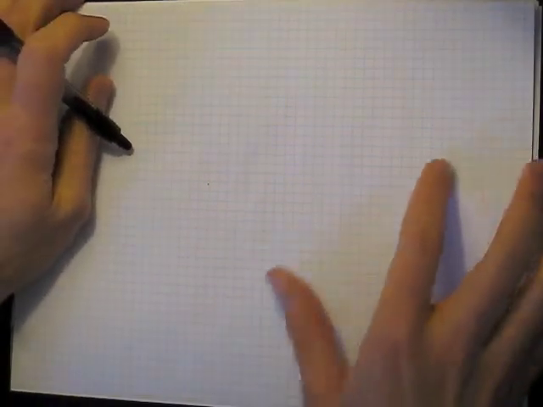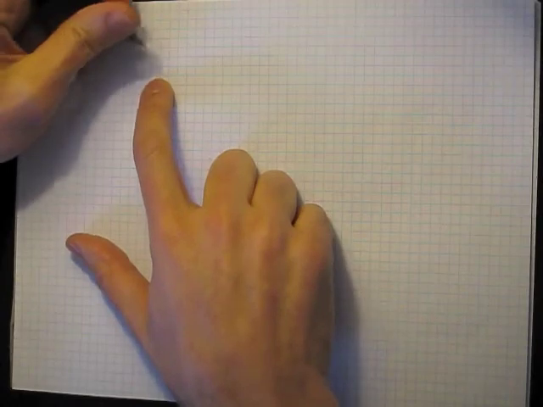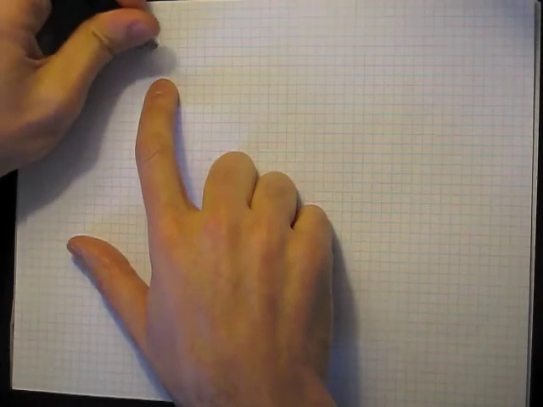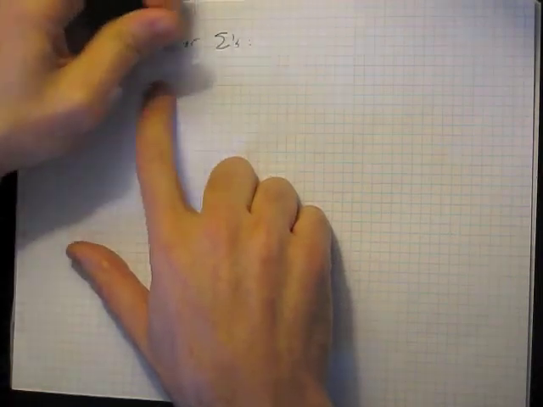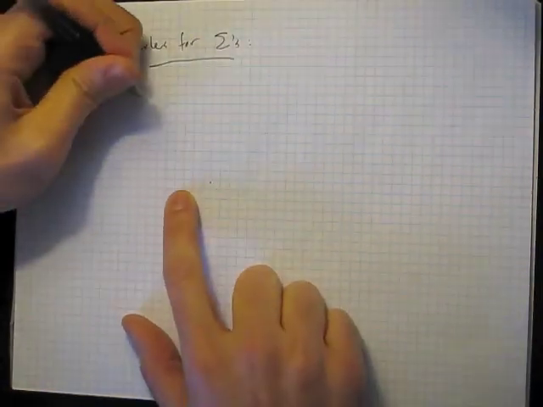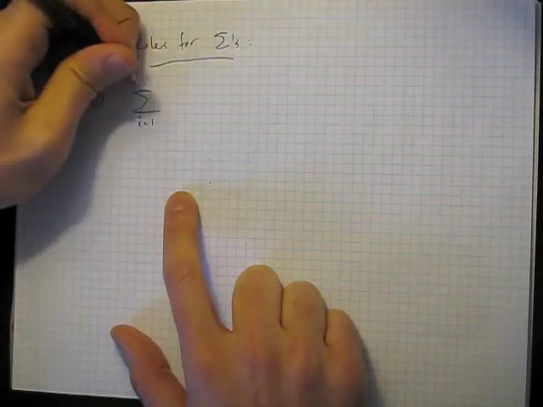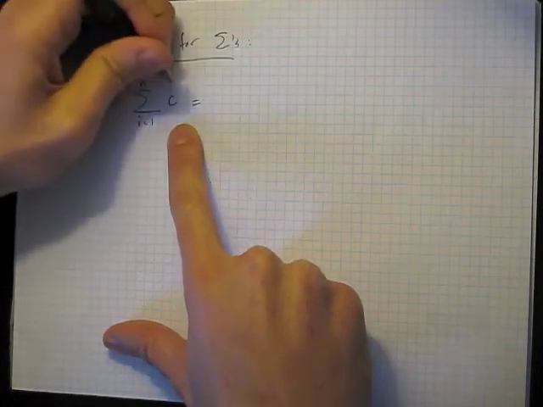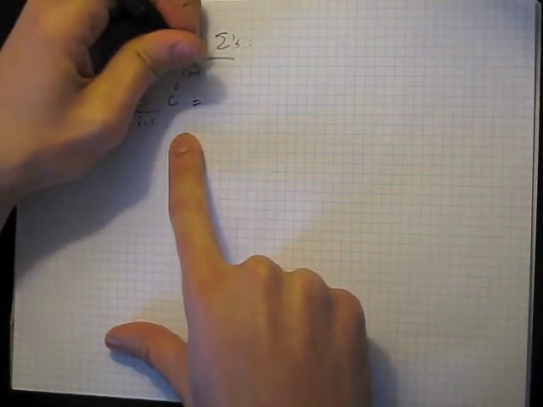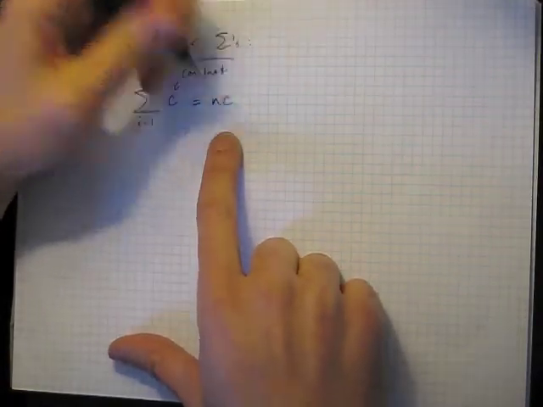I should talk a little bit about these Riemann sums. So the summation notation rules, we have some rules for sums here. The first rule is that if you take the sum of a constant, c is a constant here, then this is equal to n times c.